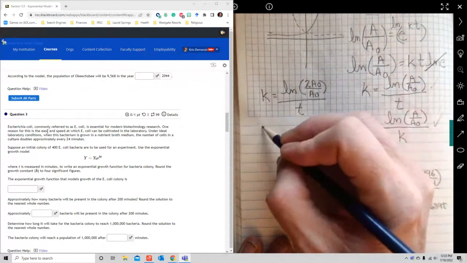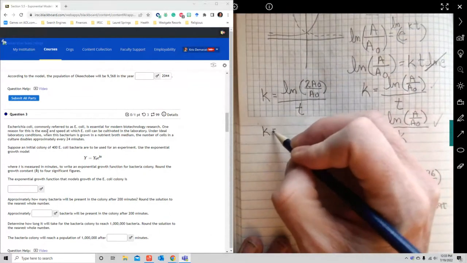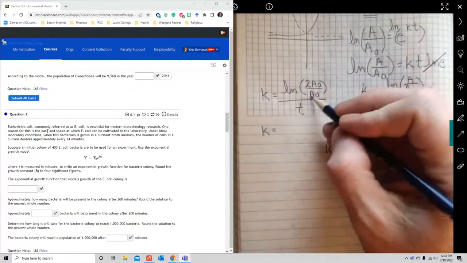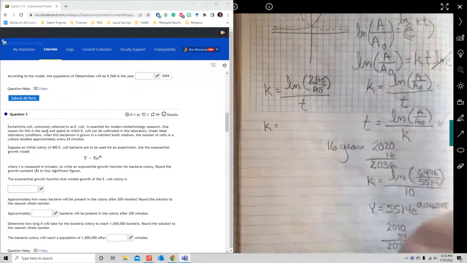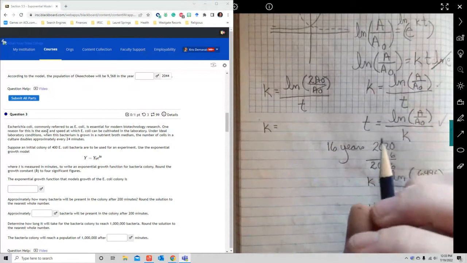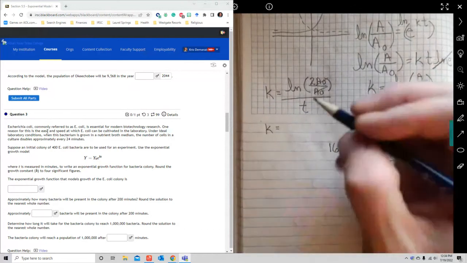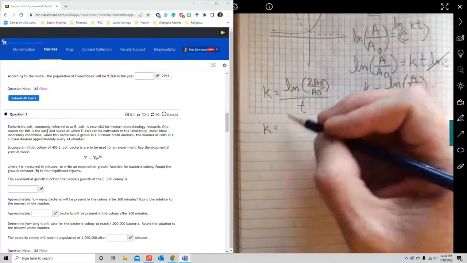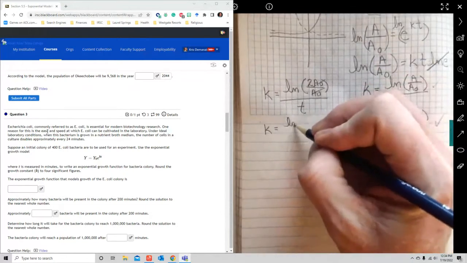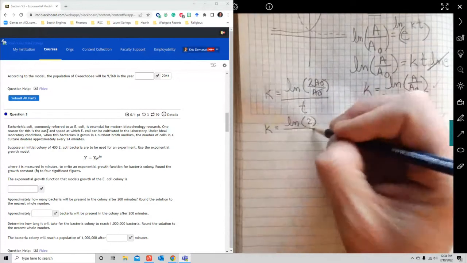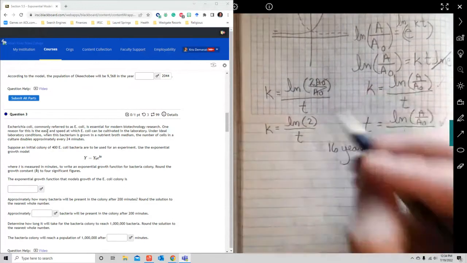Now, if we look at this, we know that a sub naught knocks out a sub naught, right? Isn't that just common understanding of the value system? So when we're looking at doubling, all we have to do is take ln of 2 and divide it by t.